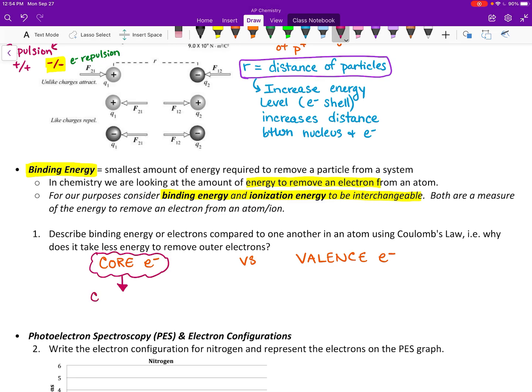So this is a distance issue. Closer to the nucleus, so that distance, that R value, is less, resulting in greater force.